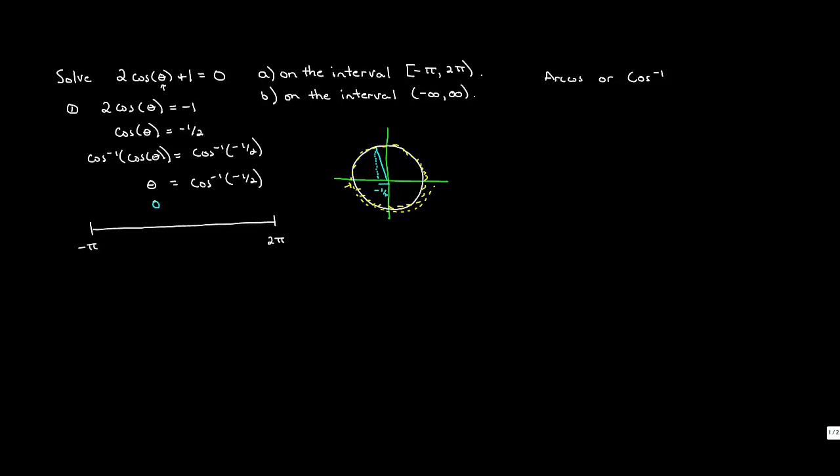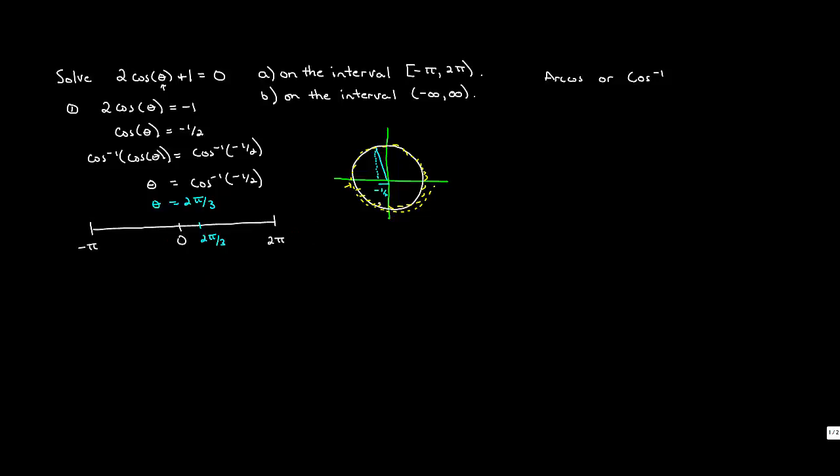So the answer is 2pi/3, but that's only one solution. Again, we introduced the arc cosine, so we only get one answer out, but we need to find all of them on this interval. So where does 2pi/3 fall? Here's 0, and 2pi/3 is somewhere there.